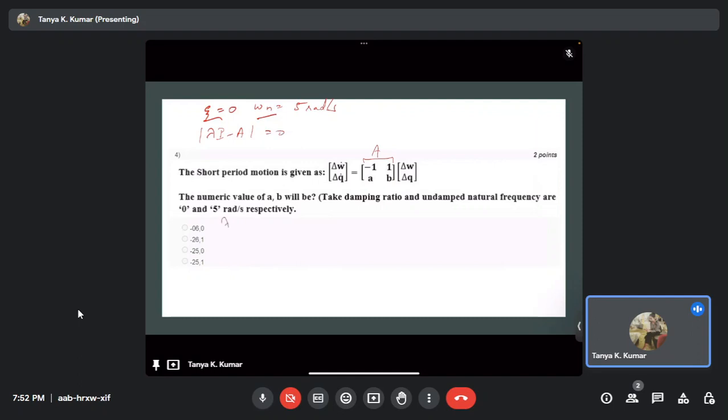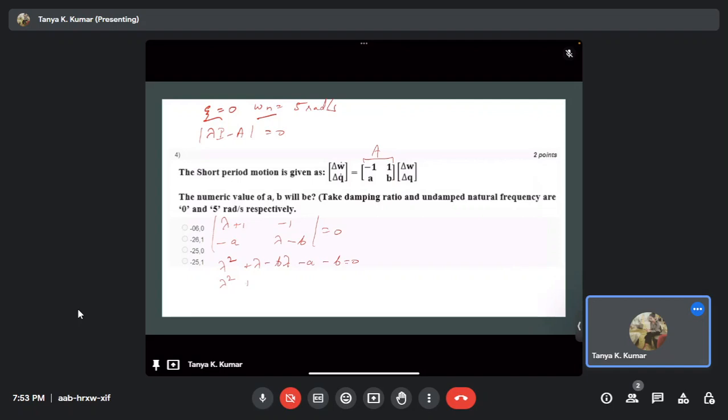You get the determinant of lambda plus 1, minus A, lambda minus B, equal to 0. So what is the equation? Get lambda square plus lambda minus B lambda minus A minus B equal to 0.